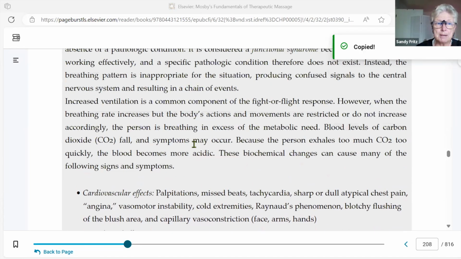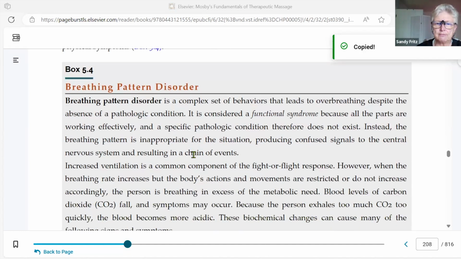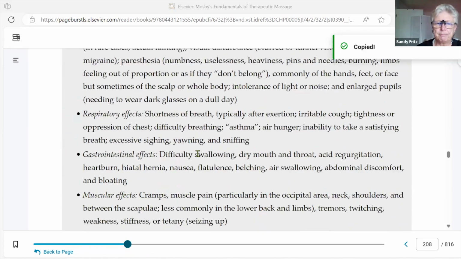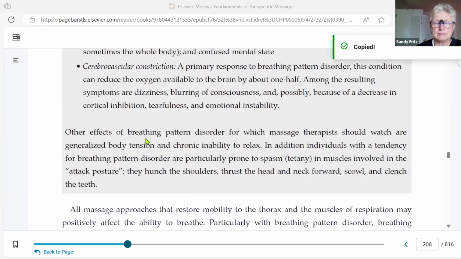The good thing about recognizing the potential for breathing pattern disorder and how it's affecting the person is that massage can work very effectively in reducing a sympathetic dominance and mechanically to support the breathing function. So it's a solid place for intervention.